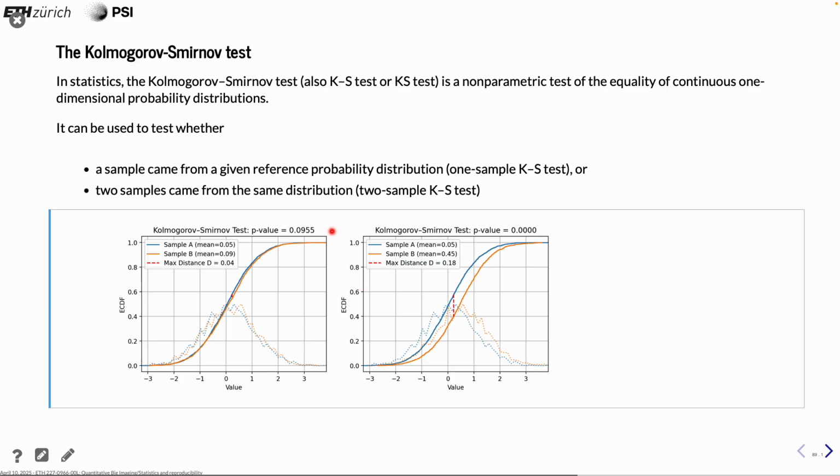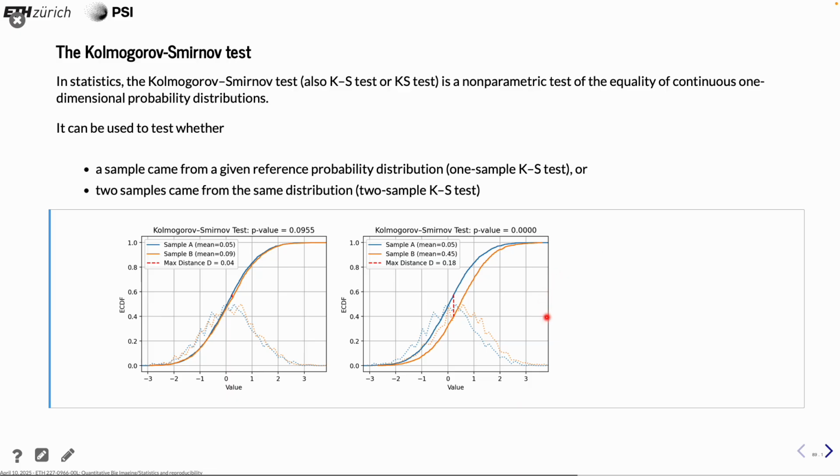So here I have two data sets, two very close ones, and here we got a p-value of about 10%. And for this one, the p-value is so small that it only shows me zeros. Probably there are some numbers in the lower digits, but right now it's so small because they are not overlapping.